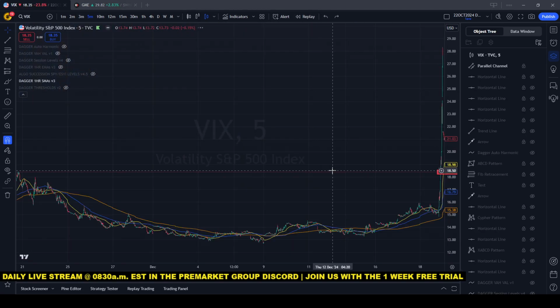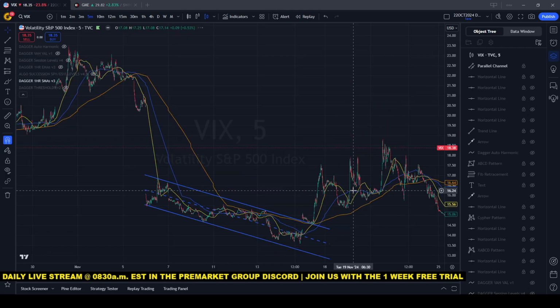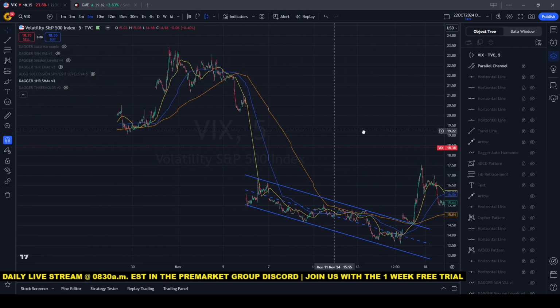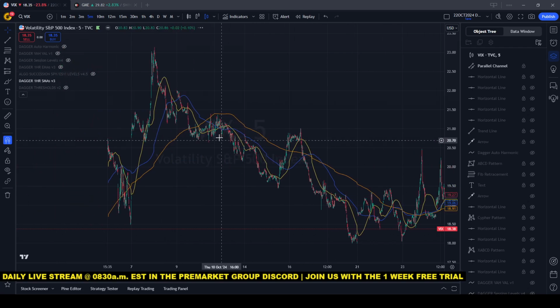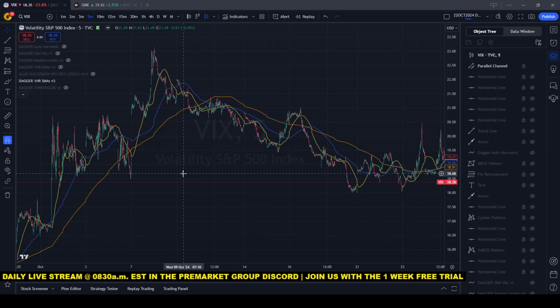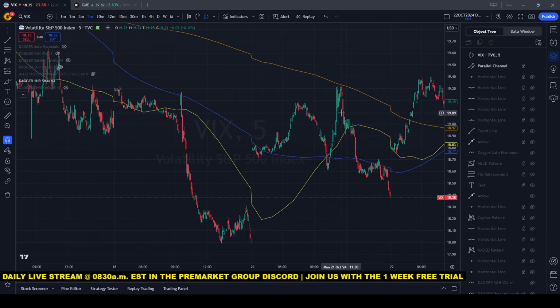So if I look for another example, let me see if I can find a 50 SMA rejection. Rejection or bounce? That's 11:20, so Monday. Yeah, there we go. Let's try October 21st.